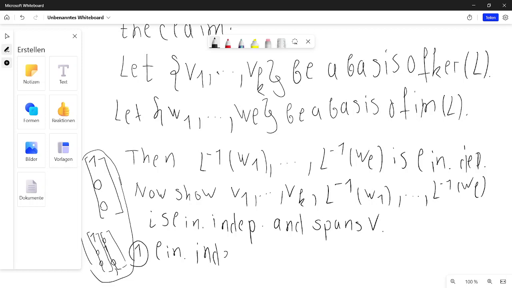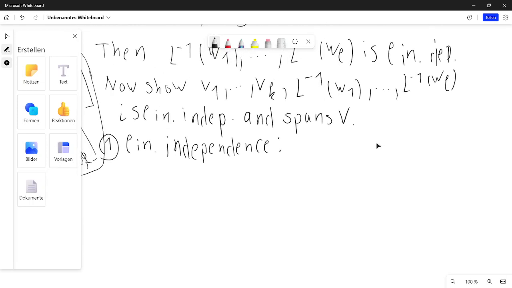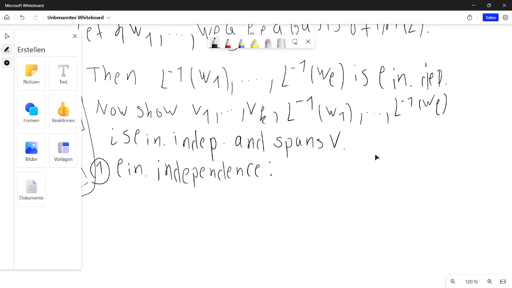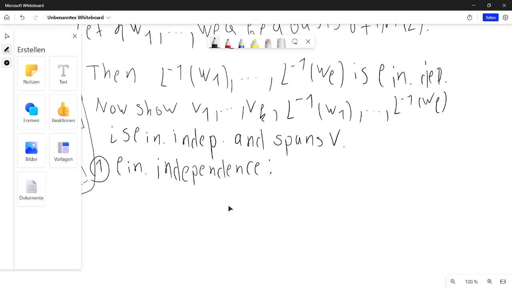Linear independence. Well, suppose they are not.